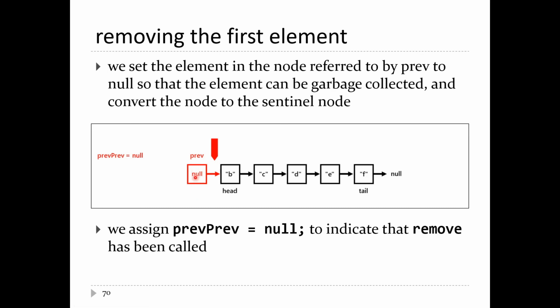So now we've got an iterator where the previous node now refers to a sentinel node. So we don't have to set previous to be equal to null. And then we update previous so that it's null. That indicates that remove has been called for the most recent call to next.